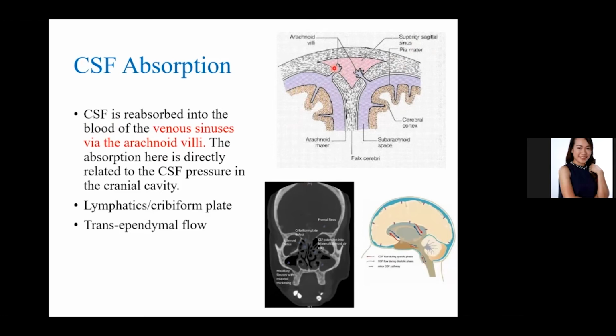Next, we have the lymphatics and the cribriform plate. This is also important. We can see here in this picture the cribriform plate. We have to take note, class, that the most common site for spontaneous CSF rhinorrhea is the cribriform plate.